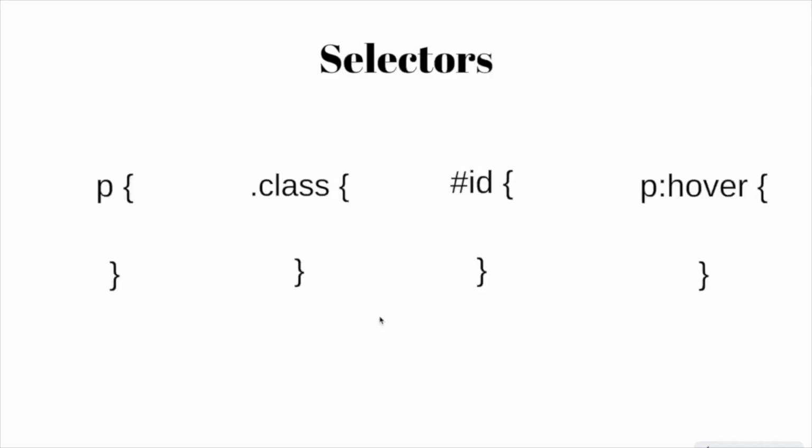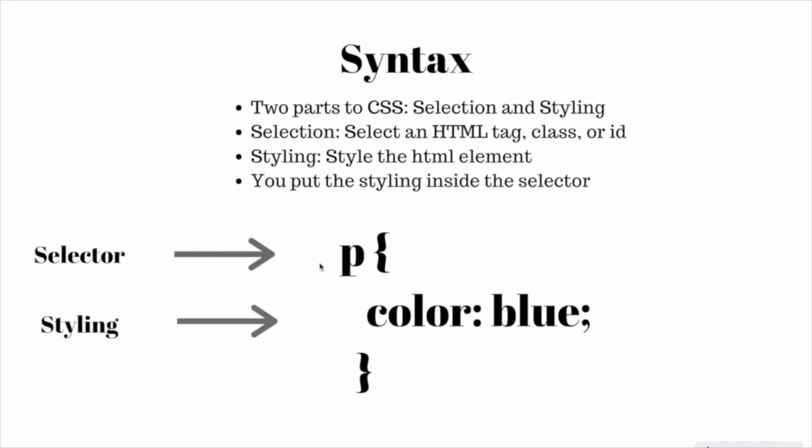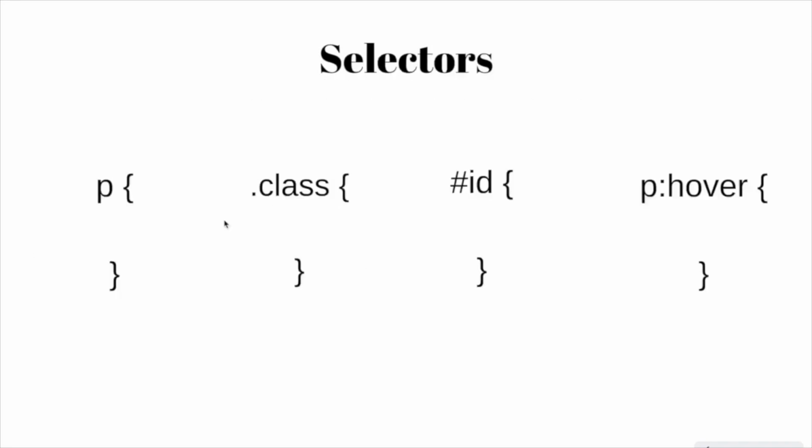Going back to the selectors. We talked about the selector getting the tag you want. So you can get the tag itself. You can include this dot to get the class attribute, so dot class. The hash symbol for the ID.